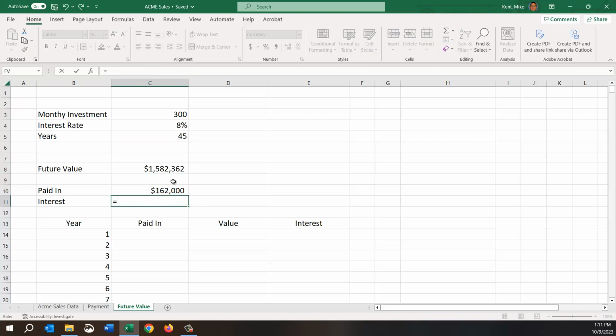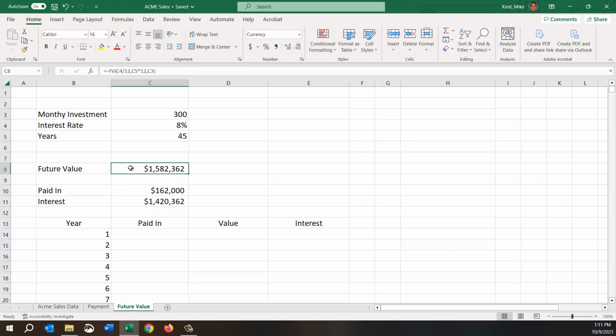Equal grand total minus what I paid in. Oops, there we are. $1.4 million in interest. $1,420,000 in interest. That's pretty good, turning $162,000 into almost 1.6 million.